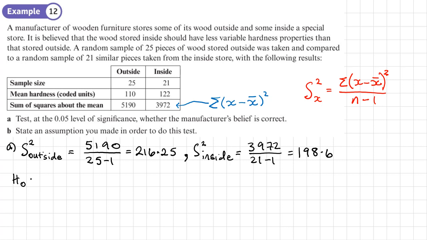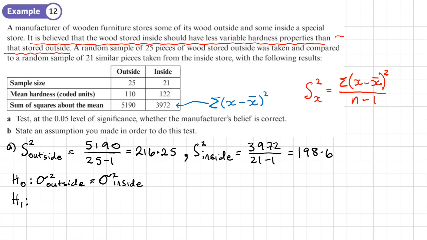so now I can carry on with the hypothesis test. So it's going to be the variance of the outside population is equal to the variance of the inside population. That would be for H0 and H1. We look at the person's statement here. It is believed that the wood stored inside should have less variable properties than that outside.